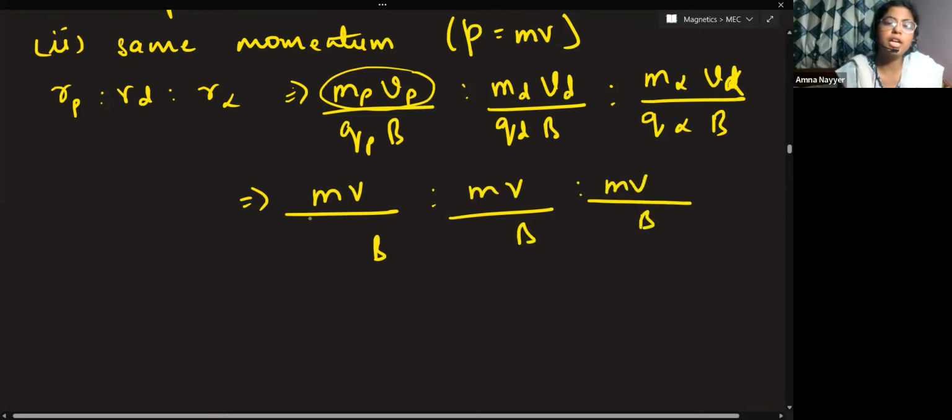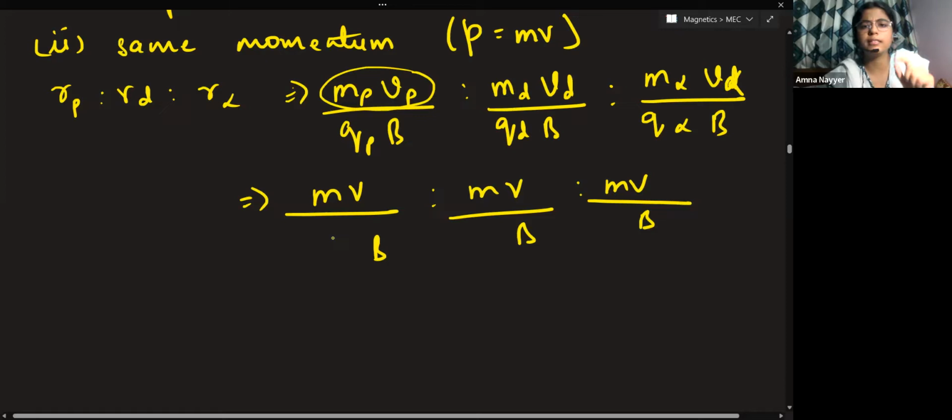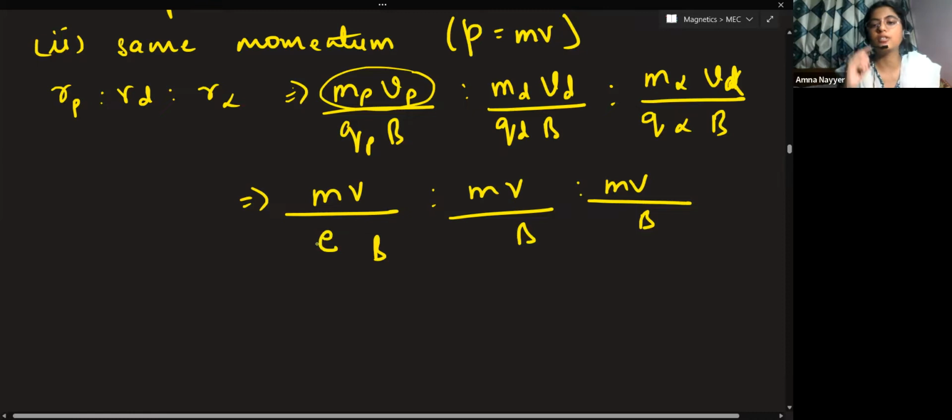Therefore, what will be the charge that I should write for a proton? What's the charge on a proton? After the question, I've made you write 2 lines as well. The charge on a proton is the same as that of the electron, so it will be e. What about the charge on a deuteron?